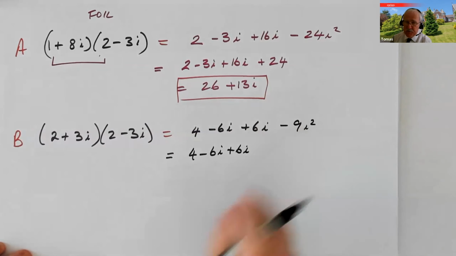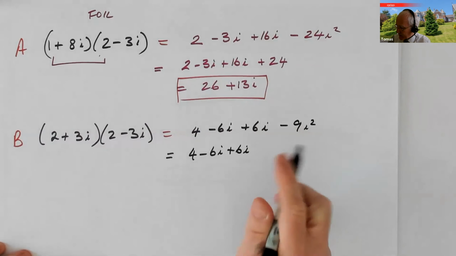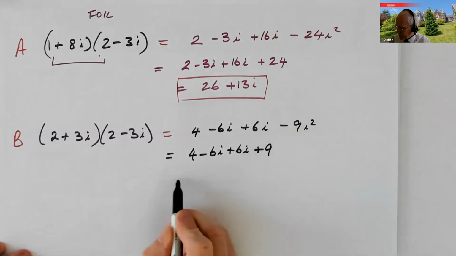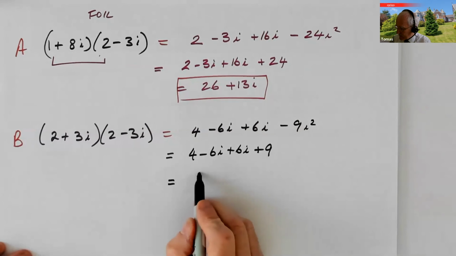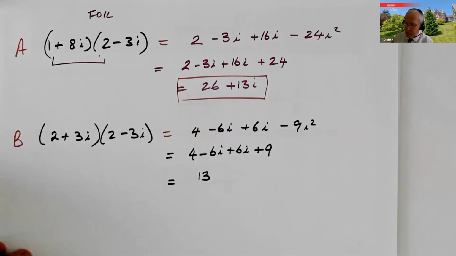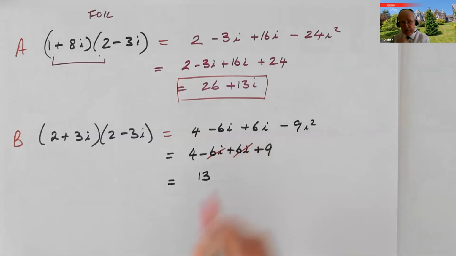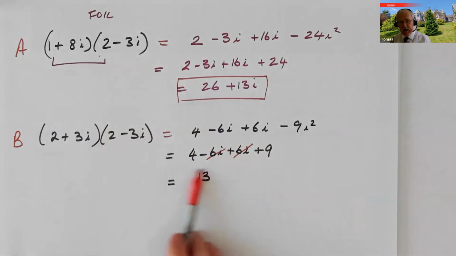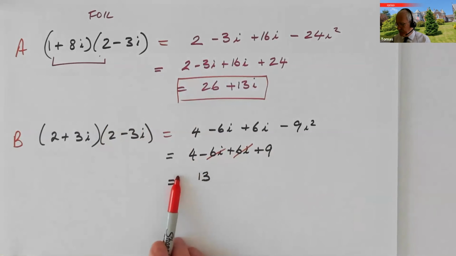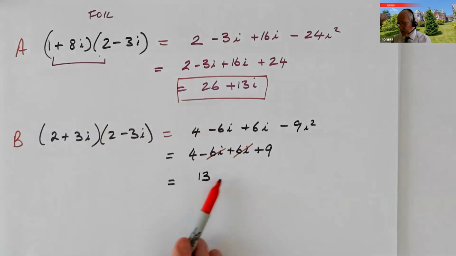And the i squared is minus 1, so minus 1 by minus 9 is plus 9. Adding them up together now, the reals are 4 and 9, that's 13. And as I expected, the i's cancel because I chose that number specifically so that I wouldn't have imaginary parts on the bottom. So it's important that that came out without any i parts.